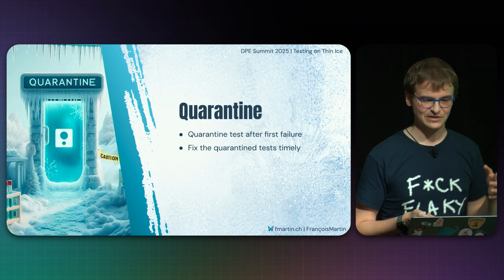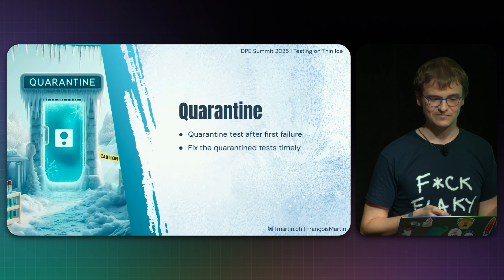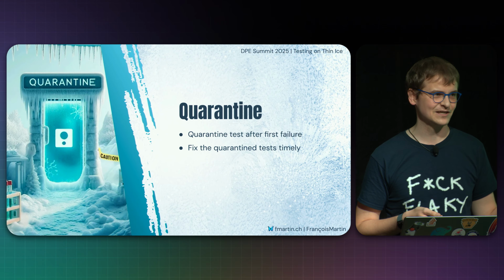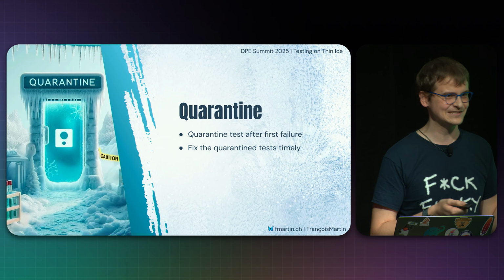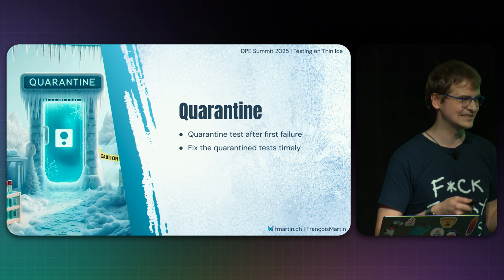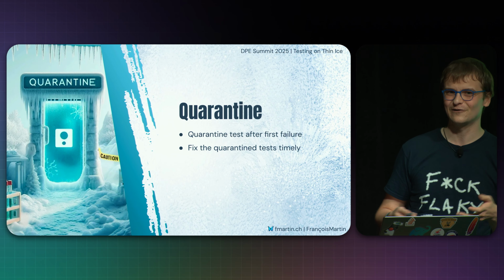And then you should make sure you also fix the flaky test that you quarantine in a timely fashion, because otherwise, you know how it is. You probably forget about fixing it, and then at some point, find it like half a year later. Half an hour would be nice, of course, but yeah. So maybe, of course, you can combine it with some other measures like we mentioned earlier, like the flaky test days or the fix one flaky test sprint, just to make sure you can get rid of them timely.